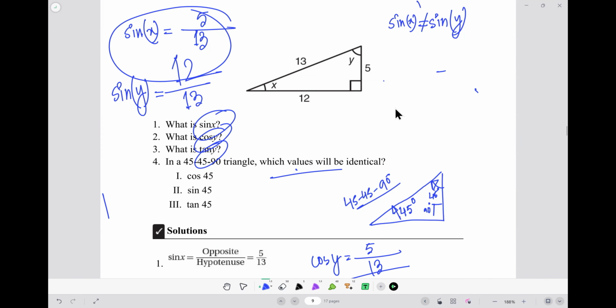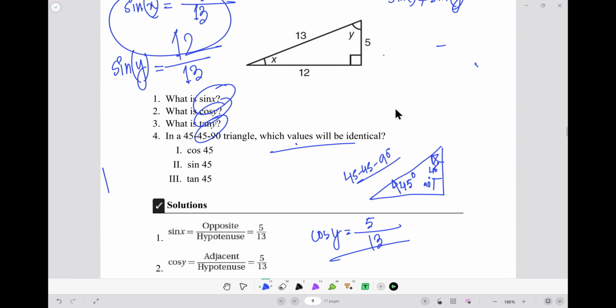Which values will be identical? It means you just need to find cos 45, sin 45, and tan 45. Find the value of the cos function, then the sine function, and then the tan function.